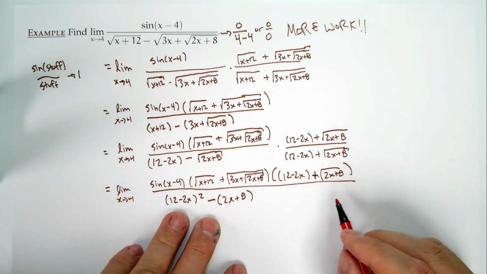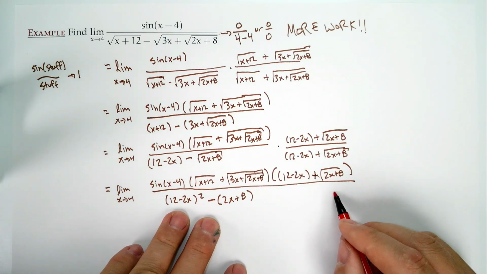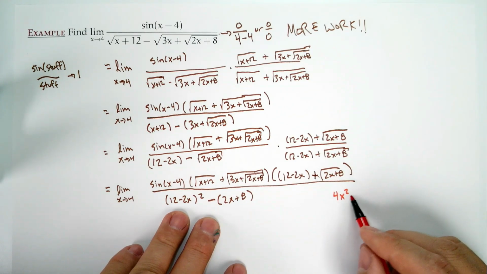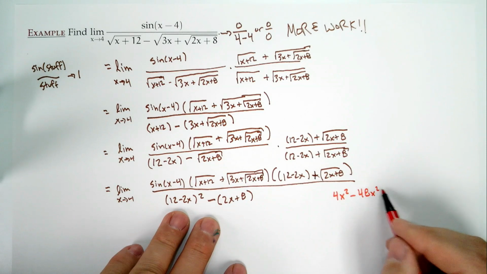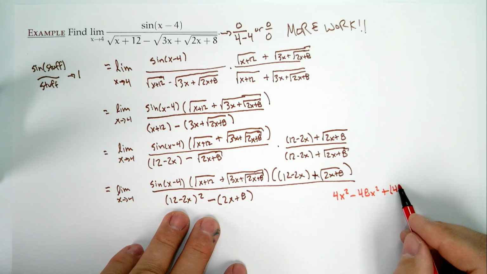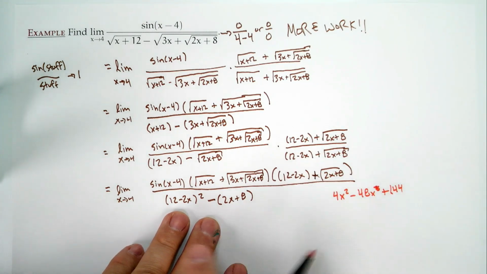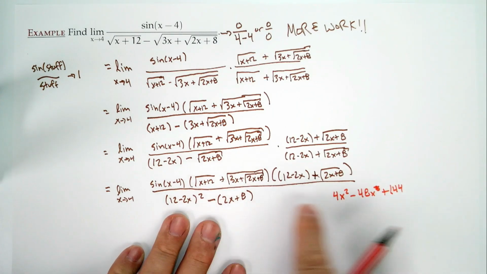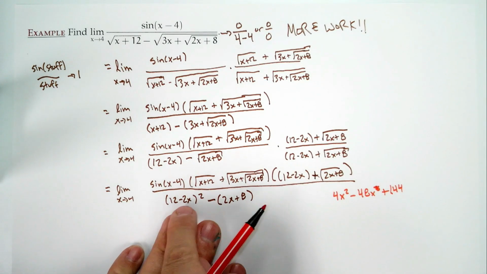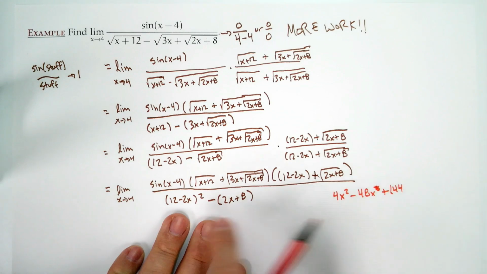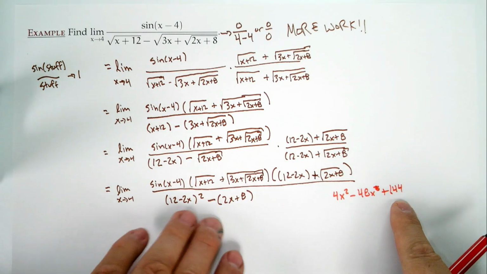So first off, we square that out. That would be 4x squared minus 48x, sorry. So the negative 2x squared, that's the 4x squared, minus 24x, but there's two of them, that's for the minus 48x, and the 12 squared gets 144.